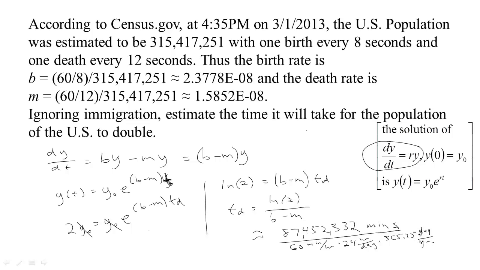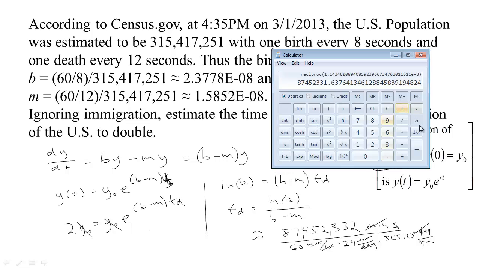So if you look at what I'm doing here, I have these days canceling, these hours are canceling, the minutes downstairs here will cancel the minutes upstairs, and so I'm left with something 1 over year in the denominator, so that's going to be a number in years. So I need to divide by 60, by 24, and 365.25.